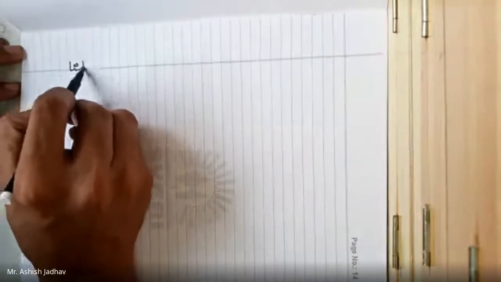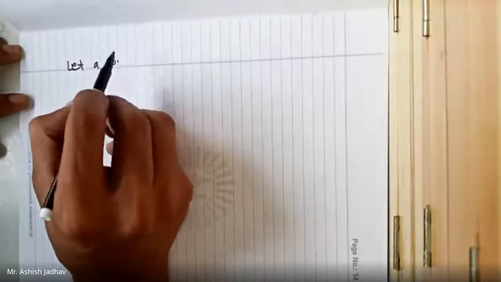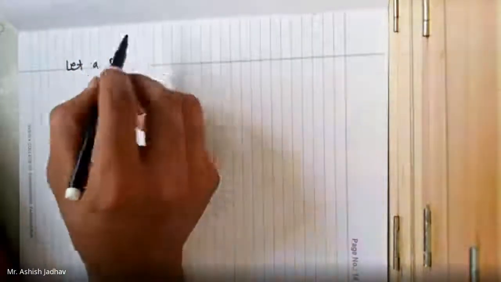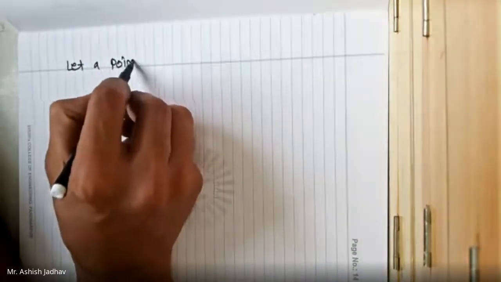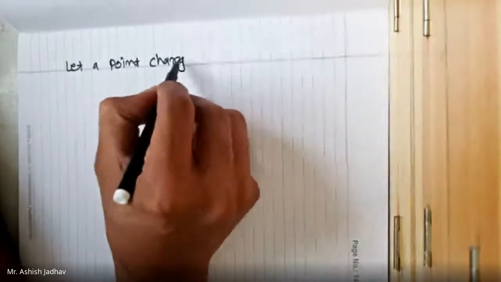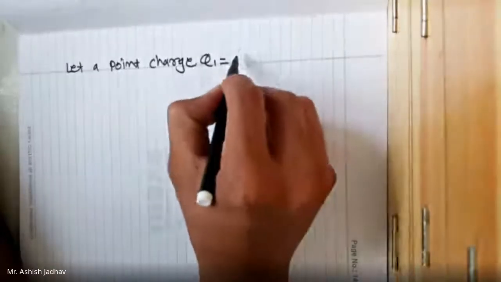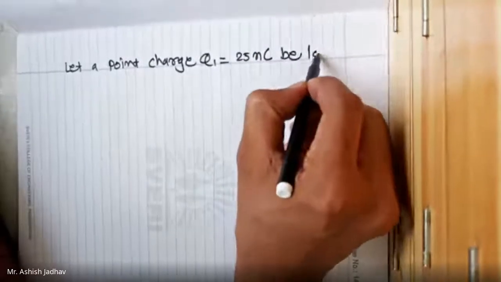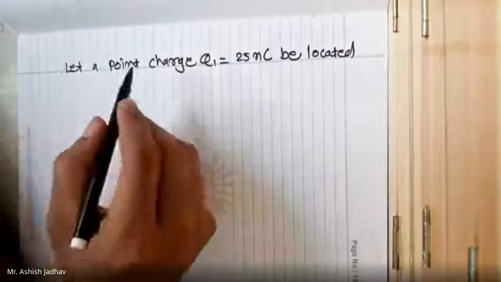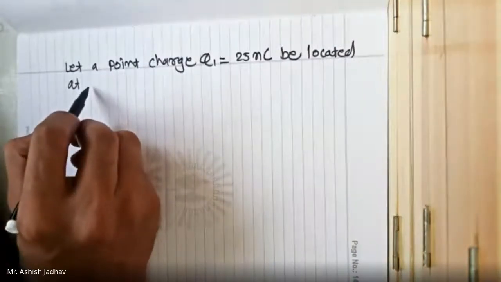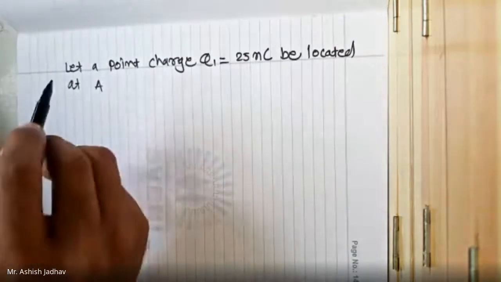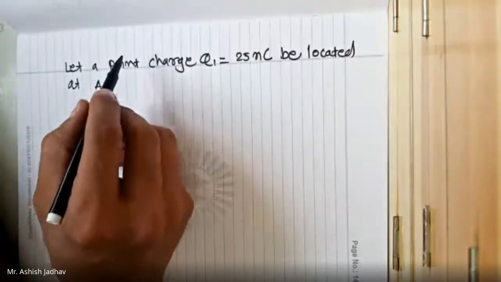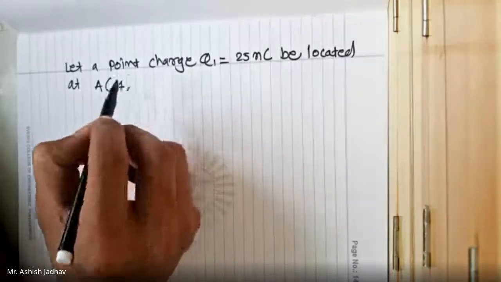So take the example. Let a point charge Q1 is equal to 25 nanocoulomb be located at point A, which is (4, -2, 7).